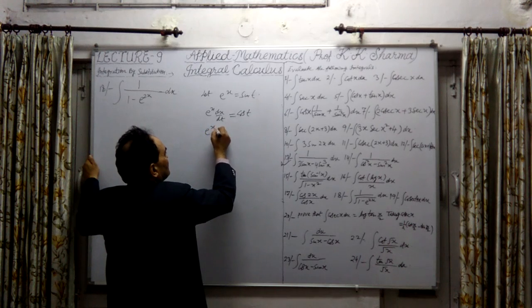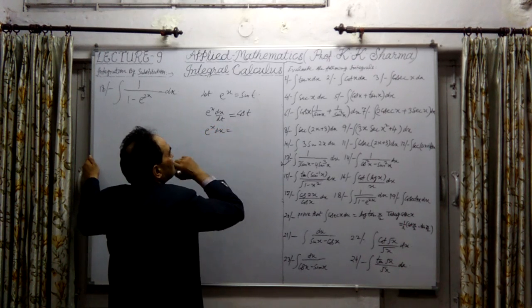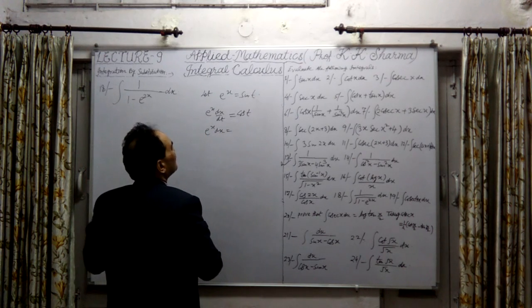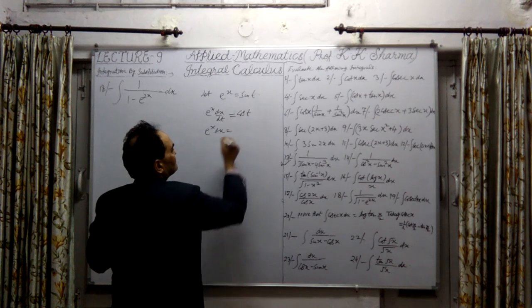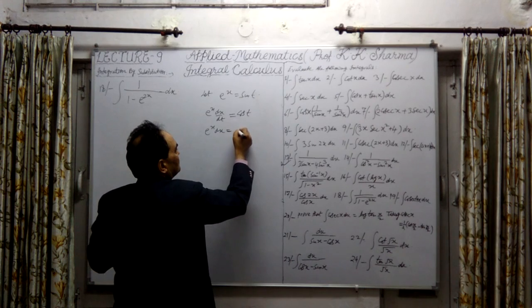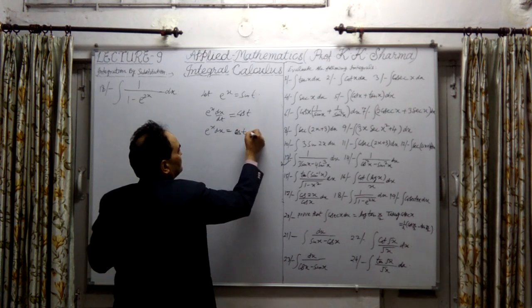This is e^x into dx, or then x equal to log of sin t, but log is not there. So let me write here e^x dx equal to cos t into dt.